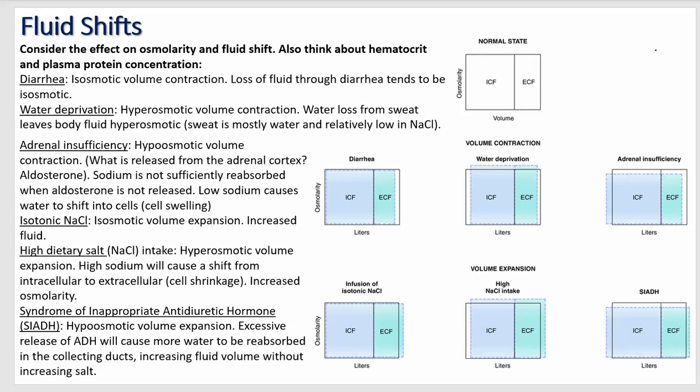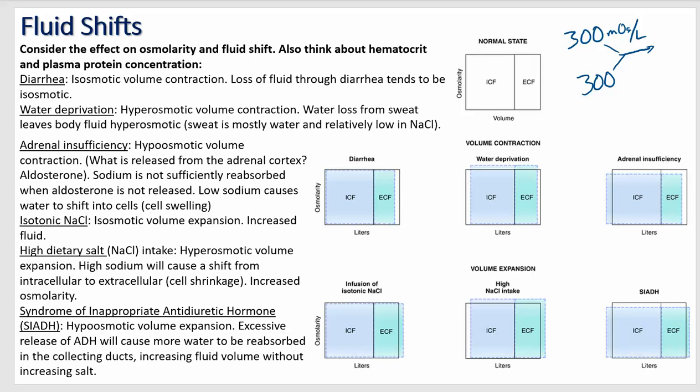If your fluid, let's say, is 300 milliosmoles per liter, and what you're losing in diarrhea is the same concentration, it's isotonic. So what you're losing is the same concentration of what you already had in your body.